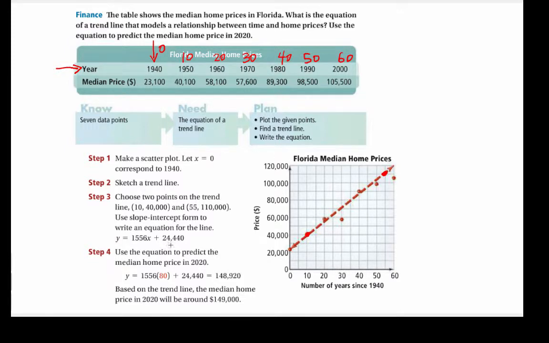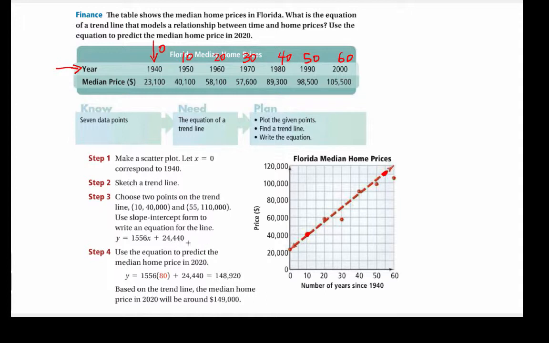This 24,440 should be our approximate value of the y-intercept. So the y-intercept of the trend line, if you'll notice, is when x is 0. This value doesn't match up quite with the actual value when x was 0 in 1940, but it's fairly close.